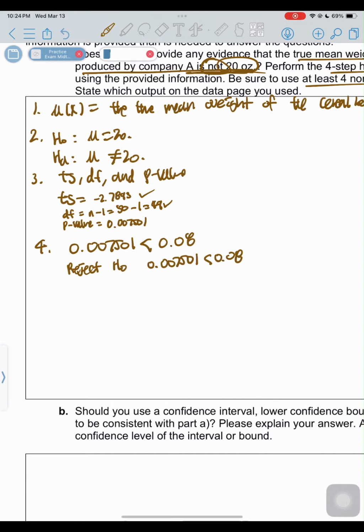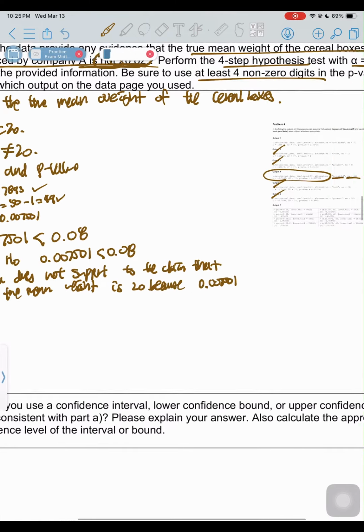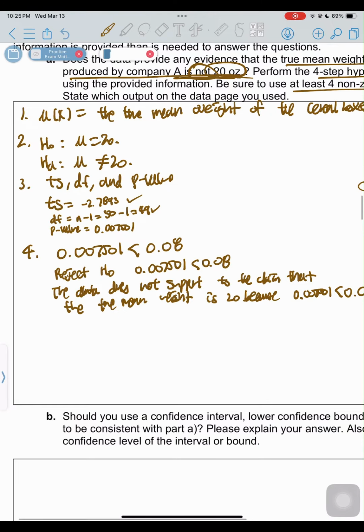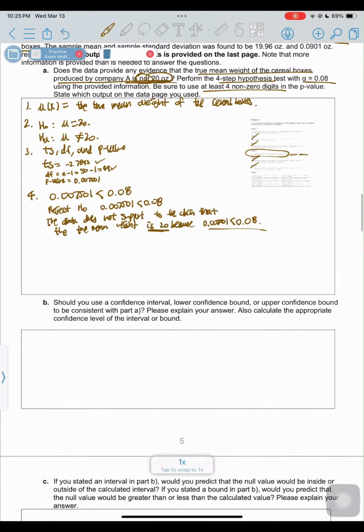And then we can say that the data does not support the claim that the true mean weight is 20, because 0.007501 is less than 0.08. So we are saying that the data does not support the claim that the true mean is 20. We're rejecting the null hypothesis and we're giving the reasoning. So that is it for part A.